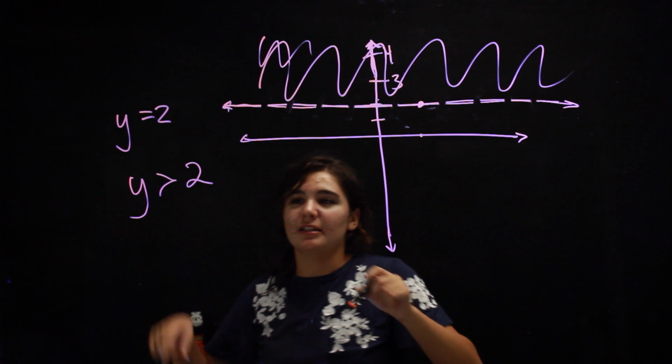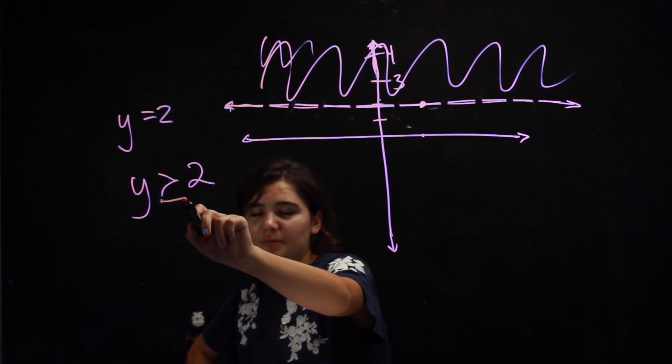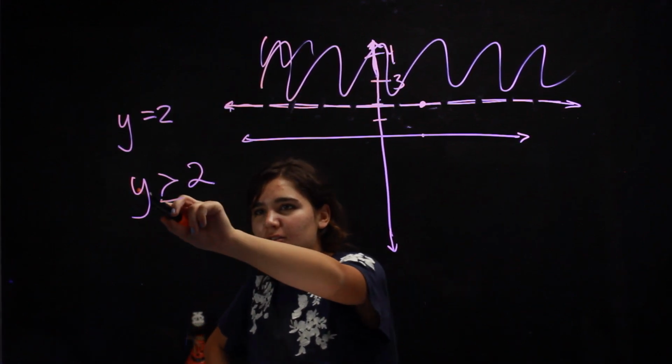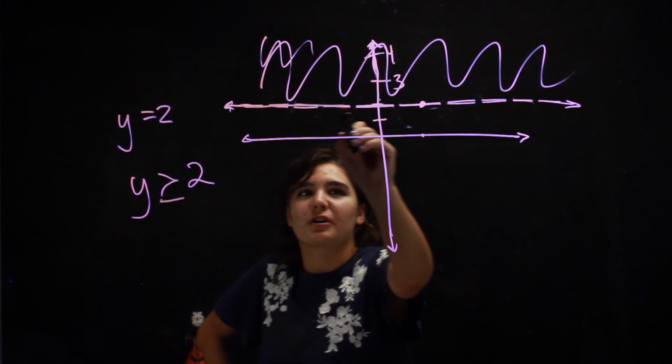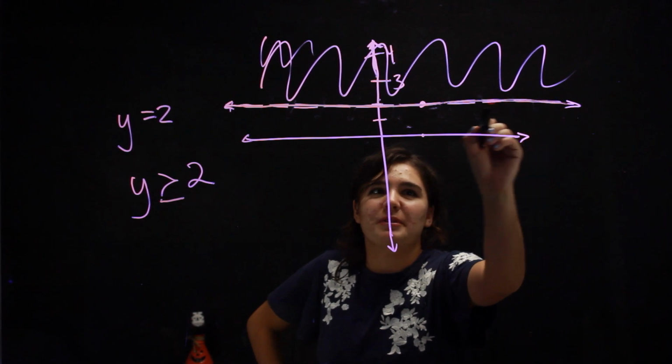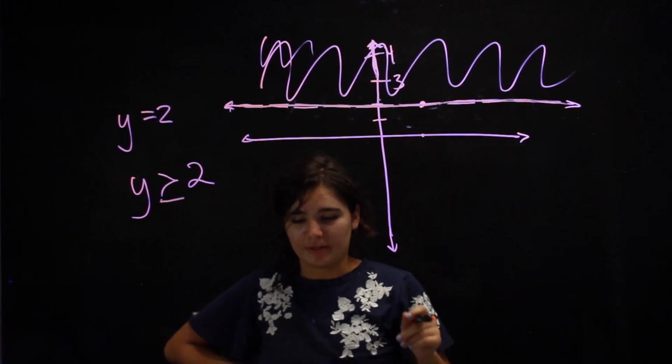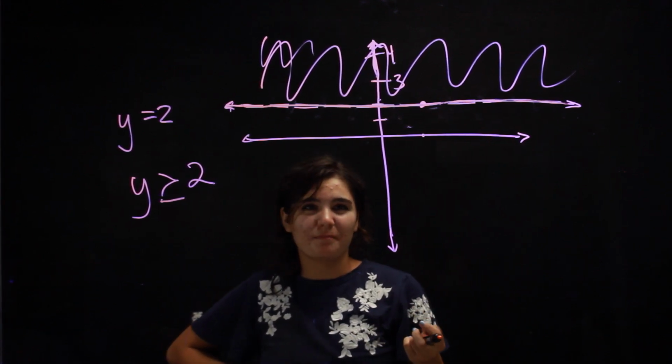If this was y is greater than or equal to 2, then 2 is greater than or equal to 2, it's equal to 2, so we can redraw in that line, and this would be how we graph that inequality. And that's honestly the basics.